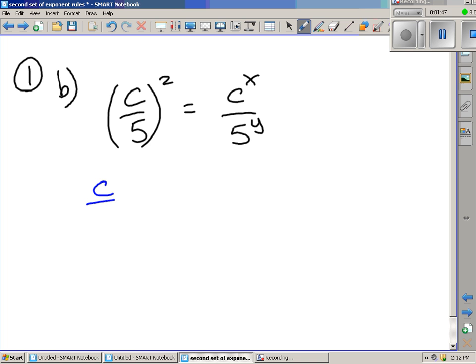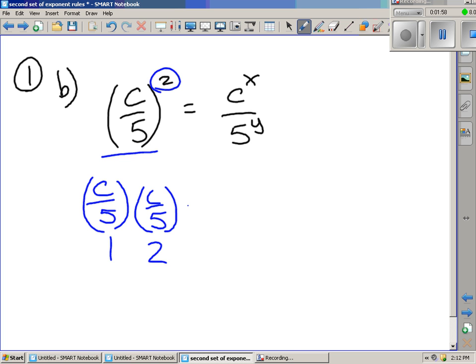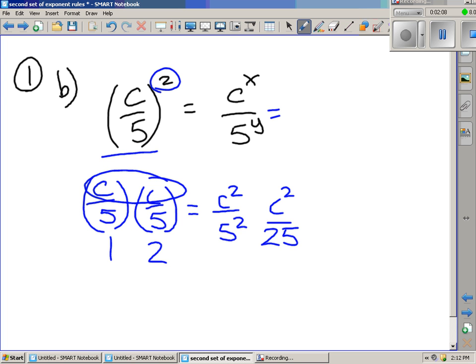Let's look at the next example. Example B, we have c over 5 to the power of 2. And again, this would look like c over 5 multiplied by c over 5 because the exponent tells us to write the base 2 times. When you multiply c times c, we get c squared. 5 times 5 is 5 squared, or 25.